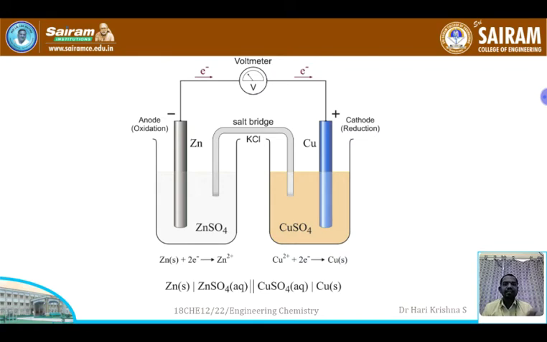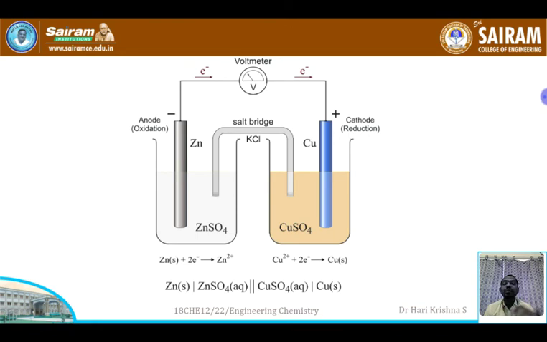When these two half cells are coupled together through a salt bridge and connected with a voltmeter, it forms a Daniel cell. So let us see, when these two are coupled, what chemical reactions occur, which is anode and which is cathode. When zinc is dipped in zinc sulfate, that is at the zinc electrode, what will happen?